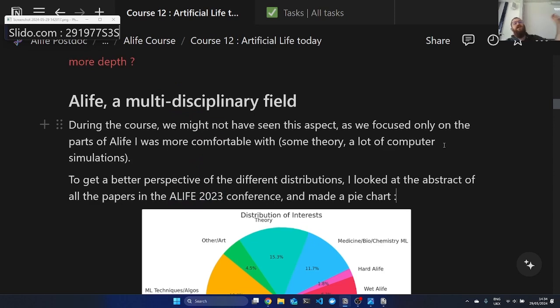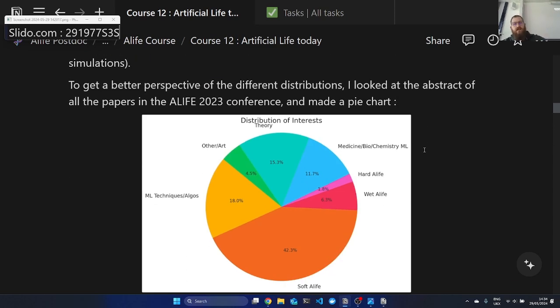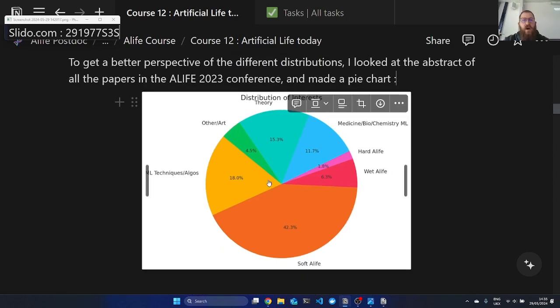And so what I did is took all the abstracts of the papers that were accepted last year and did more or less a heuristic division into different subjects of artificial life. So here we see what I found. This is approximate. I just read the abstract and decided which part it belonged to more.